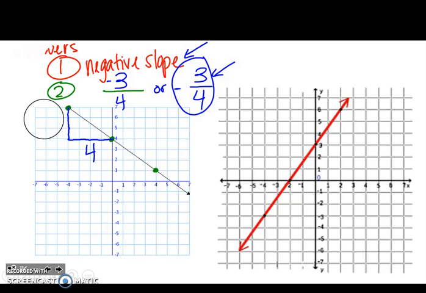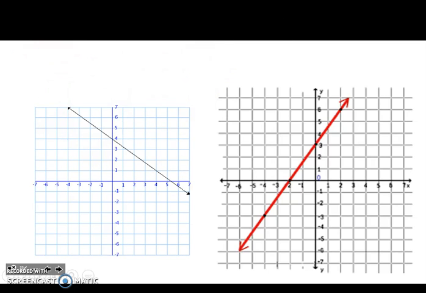All right, I'll show you this other one, and then you'll be working on your worksheet. On this one, you can hardly see them, but there are perfect points already picked. I notice that this line is going up and to the right, so that means it's going to have a positive slope. Then all I have to do is count. I'm going to go from this point all the way to that far point.